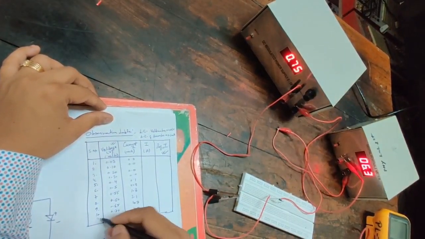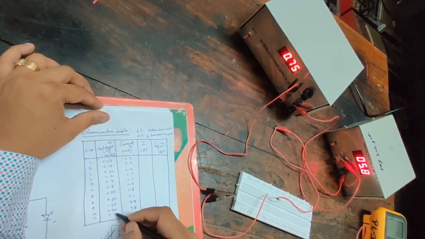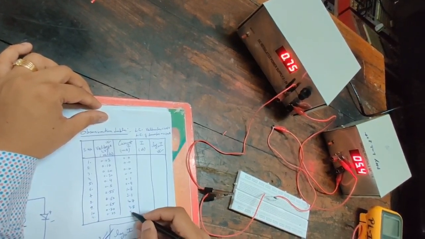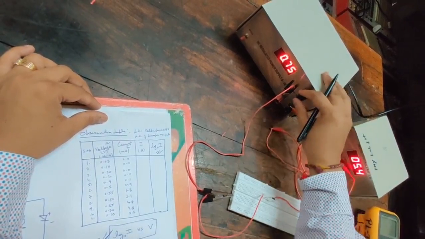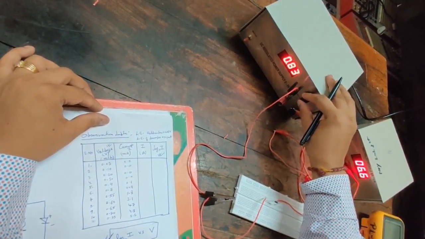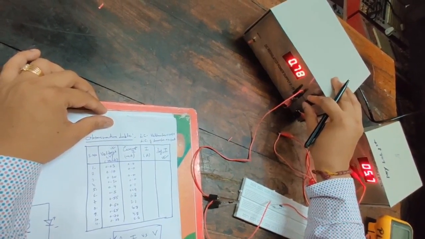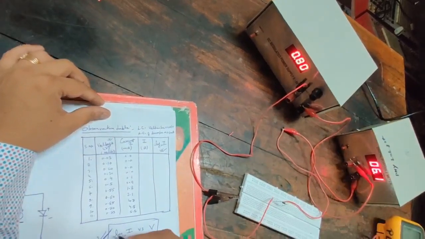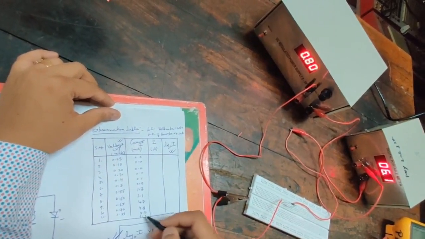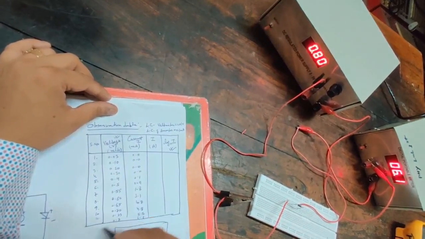7.5. You have 5.5 around, and the same at 0.8, 6.1, 6.1 at 0.8.